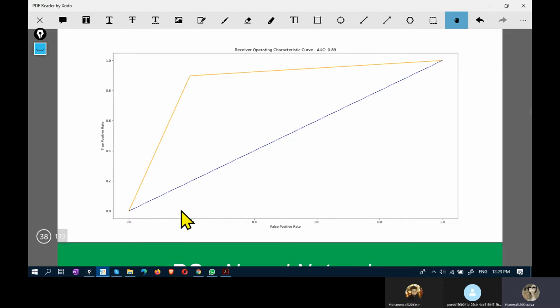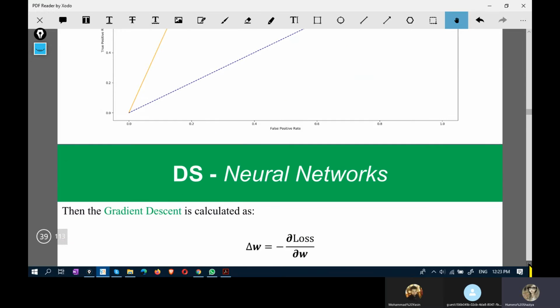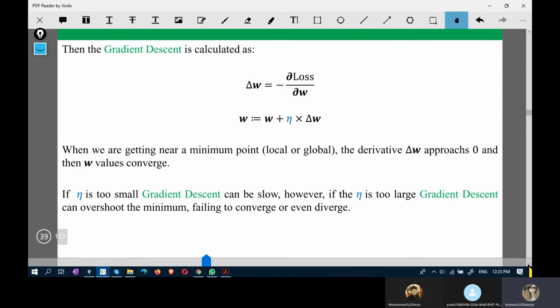How true positive rate and false positive rate are related is given by this AUC curve. It's difficult to understand now and I am not going into technical details because these are the initial classes. Just keep all these things in mind. As we progress, we will study again in detail with examples also.